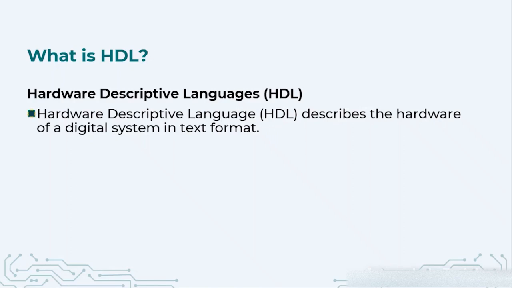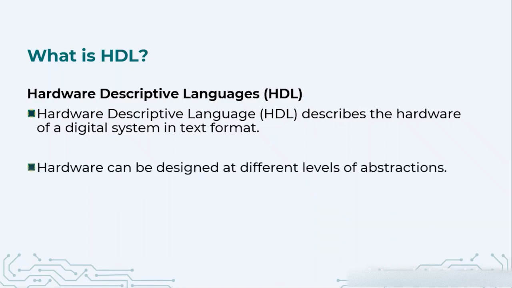That means the circuit, but not using the schematic diagrams, not by dragging and dropping the circuit elements, but with the help of text-based coding. We are going to design these hardwares at different levels of abstractions. That means by using different coding styles. We will discuss them in detail in our training.